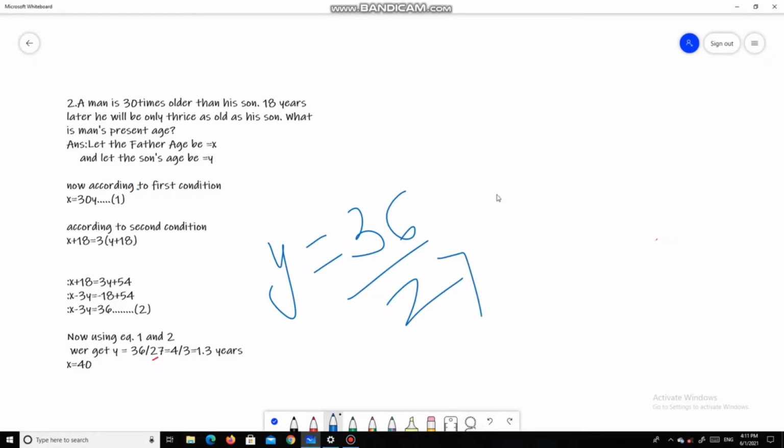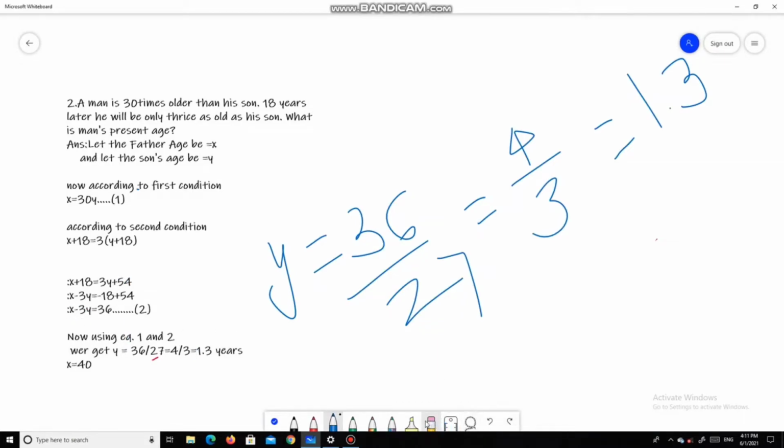So in this way y is equal to 36 upon 27, and we should also simplify it to 4 upon 3, and further 1.3, and x is equal to 40. Then with y found, we can also find x by putting in this value.